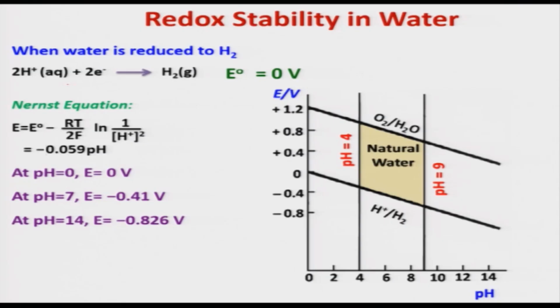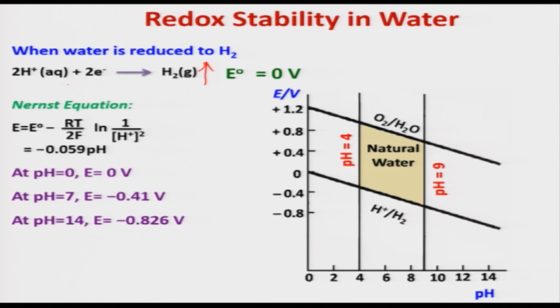Now, similarly, let us look at the reduction of water. 2H plus 2 electrons gives rise to hydrogen gas, and E0 is 0 volt, and if we correlate it with the pH, the redox potential will be E equals minus 0.059 multiplied by pH, and once you vary your pH, you can also change your redox potential.